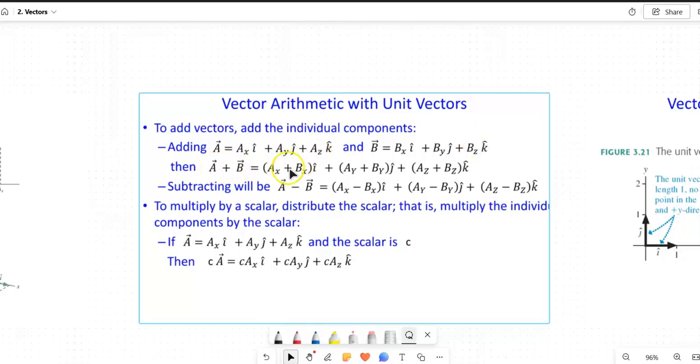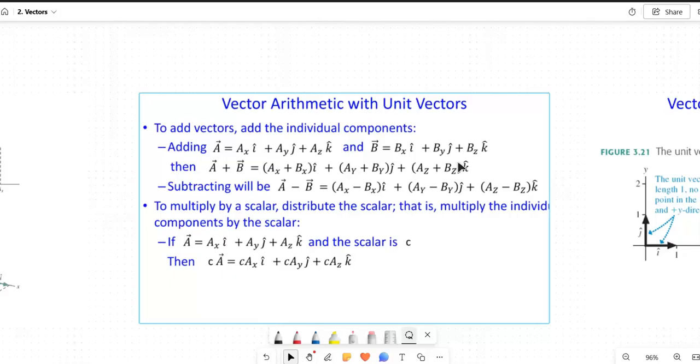Adding the vector components together, you have to add them by their unit vectors. So you would take the x direction of A and add it to the x direction of B, and that would be the overall unit vector in that direction. You do the same thing for the y direction: Ay plus By would be the j hat, and then the overall resultant vector in the z direction would be Az plus Bz k hat.